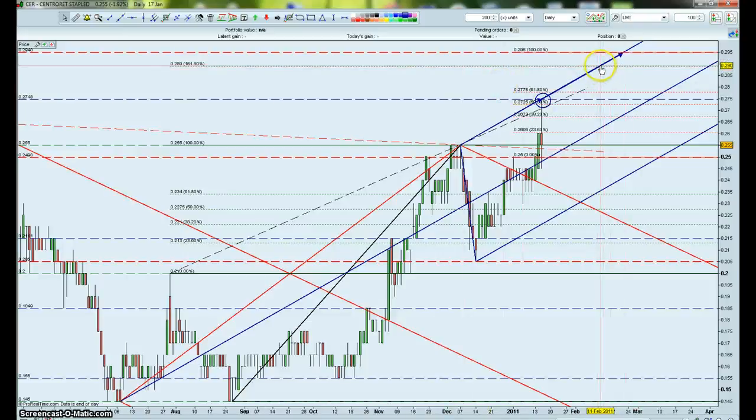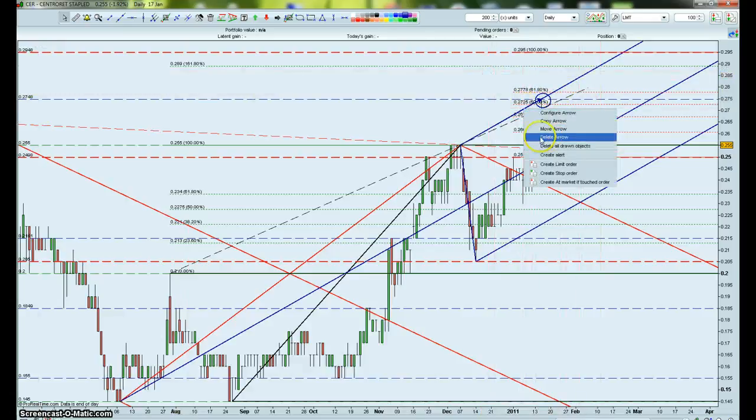If it wanted to go up there, if you're looking at that sort of time frame, it could do that earlier. But it's interesting to have a look at these things.